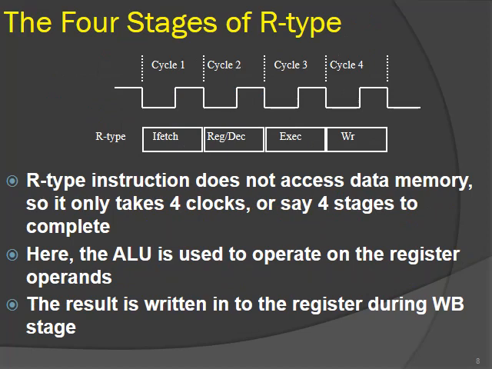Now let us look at the R-type instruction. The R-type instruction we discussed earlier does not access data memory, so it only takes 4 clock cycles to be completed. The instruction fetch and register decoding stages are identical to the load instructions, and they have to be the same at this point.